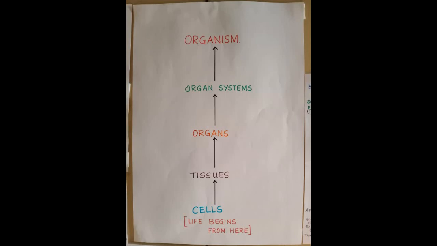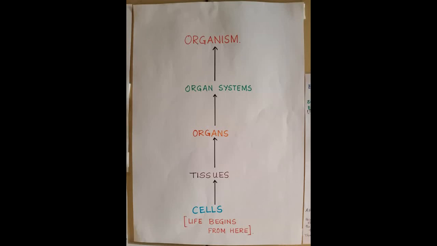Now when you see this flow chart, you can very well see that life begins from here. From where? From the cells. Be it a unicellular or a multicellular organism, each of these has thousands, millions, billions or trillions of cells in their body.